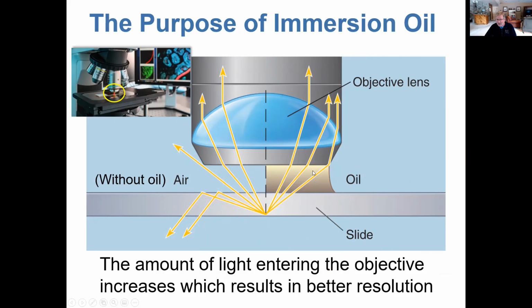Well, they're bent, aren't they? So the oil has a particular property that bends the light rays so that a greater percentage of them go up into the objective and up into your eye. That results in much better ability to see detail, or to have a finer resolution, basically.